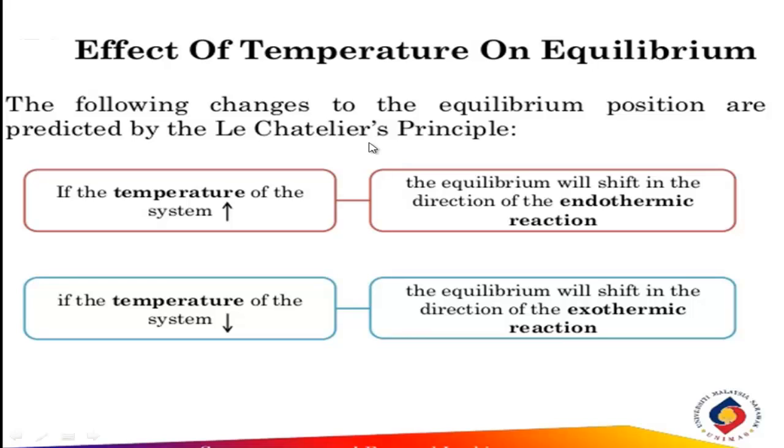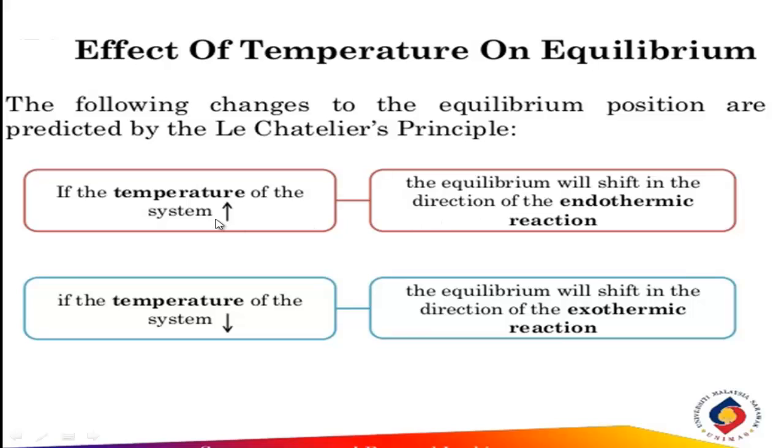What reaction we will get is not a big headache. We just have to remember this to change the equilibrium position according to Le Chatelier's principle. If the temperature of the system is increased, then the equilibrium position will shift in the direction of the endothermic reaction.